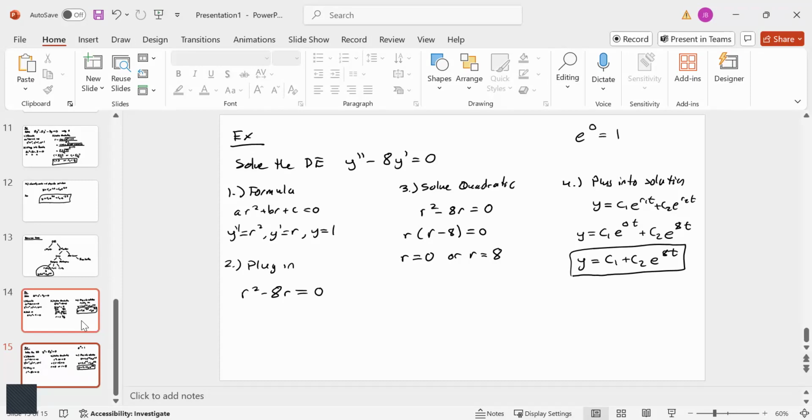Back to chapter 2. So what if they give us boundary conditions or initial conditions? How does that change the process? Not a lot. The only thing that happens is it just becomes more tedious because now you have to do an extra step, which is solve for C1 and C2. But it's not anything that you couldn't do or haven't been able to do.